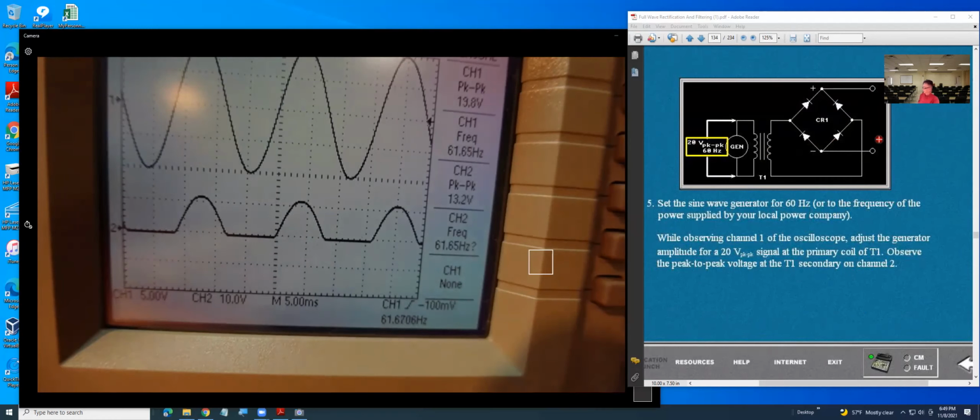You can see that in the resistor right here. They're not connected, so we have to remove that one. And channel 2 will now be connected to the top.